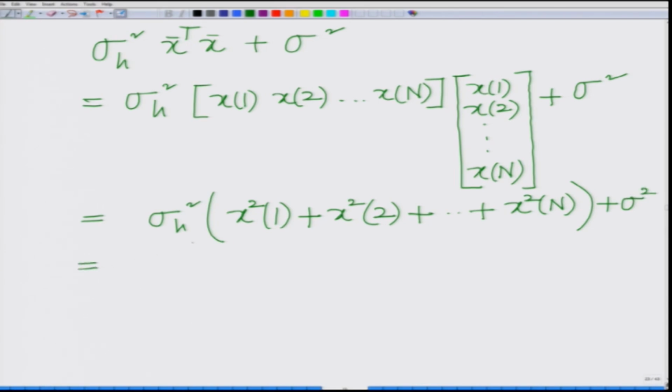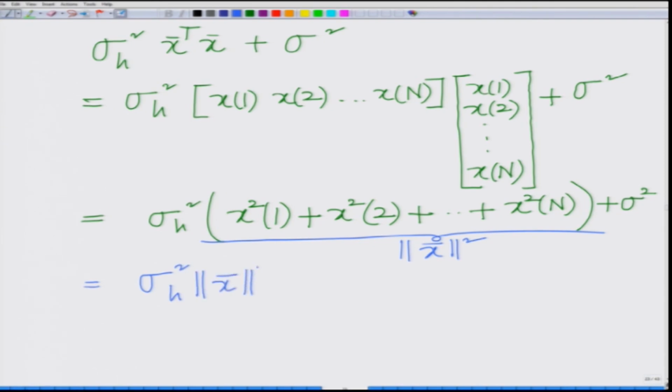And if you look at this, this is nothing but summation x square 1 plus x square 2 plus x square n, this is norm x bar square, correct. So, what we have shown is sigma h square norm x bar square plus sigma square, this is a scalar quantity.